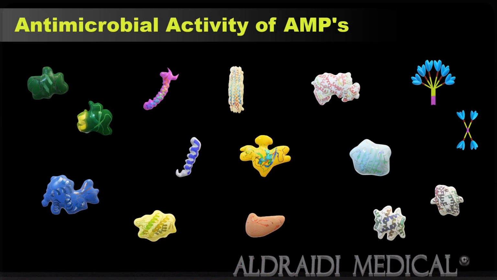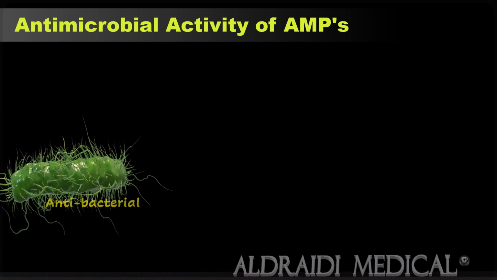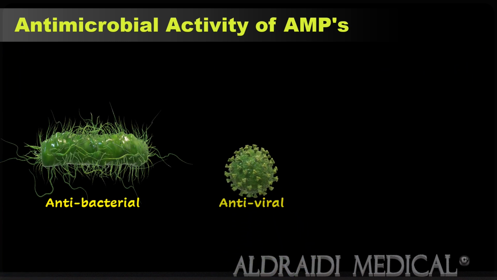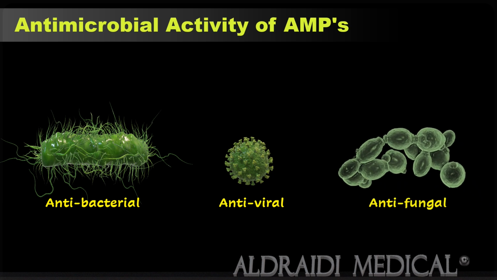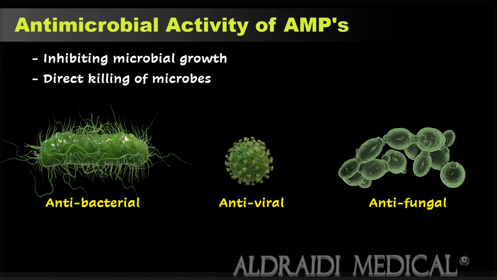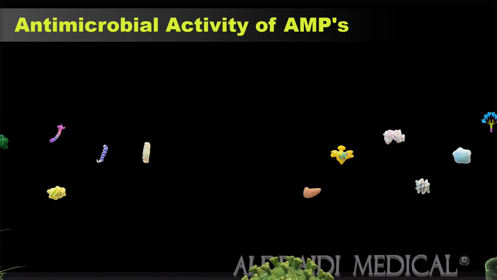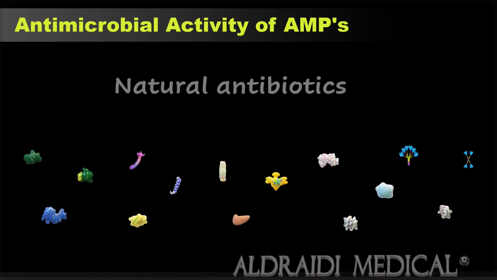These defense molecules provide passive protection against a wide variety of pathogens, and they can exert antibacterial, antiviral, and antifungal activity by inhibiting microbial growth, generally by starving them of essential nutrients, or by directly killing them, mainly by disrupting their cell membranes. And they function like locally produced endogenous antibiotics.